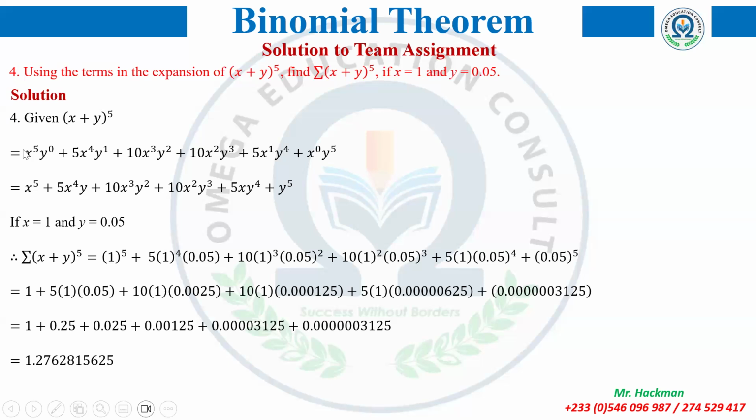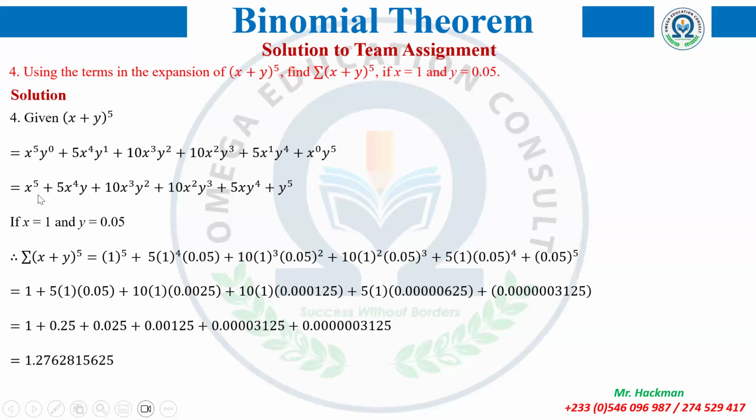So at this point, you now deal with what you have here. Any number to the power 0 is 1, you don't write it. So this will give us y to the power 1, it is the same as y. This one will go in this one. So you know how to find your way out here. And this one, almost all of you, if not all of you, did the right thing.